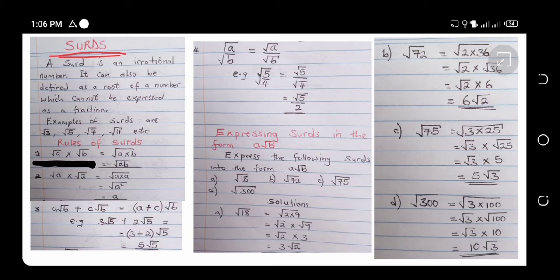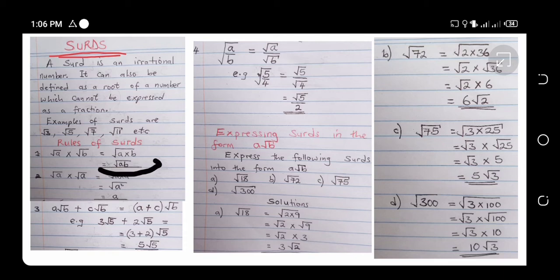Both a and b are under square roots. If we are to simplify this one, we can write a single root, and then inside we get a times b, which gives us an answer as root of ab.